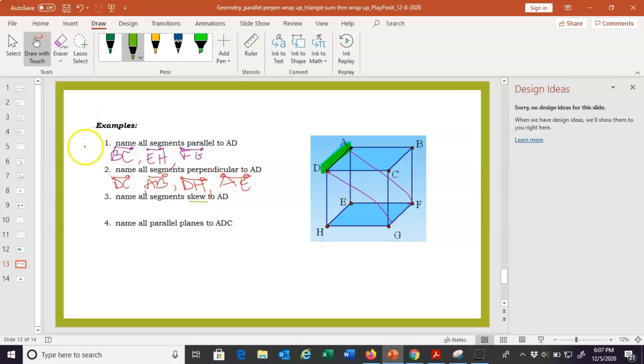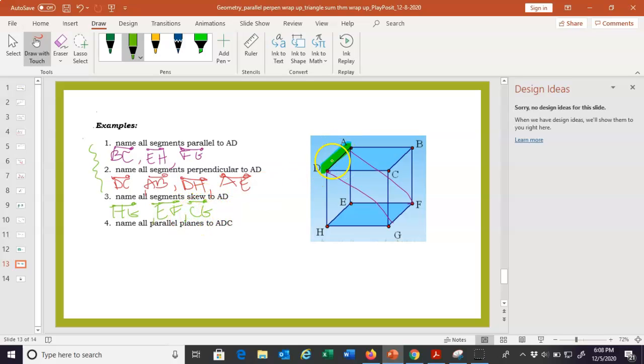So pretty much everything that we did not name up here. So how about HG? That would work. Right? It's not intersecting that line and it's not parallel to that. And EF as well, in the back there. GF is parallel, BC is parallel. What about CG? Yep, CG is not parallel and it's also not touching. So that would make it not perpendicular.